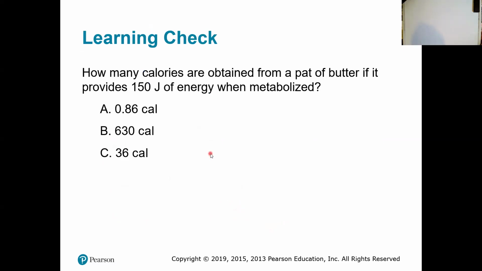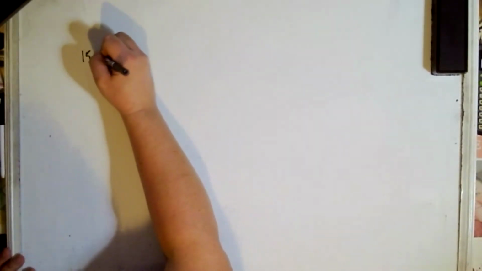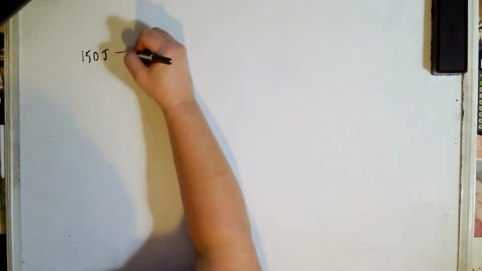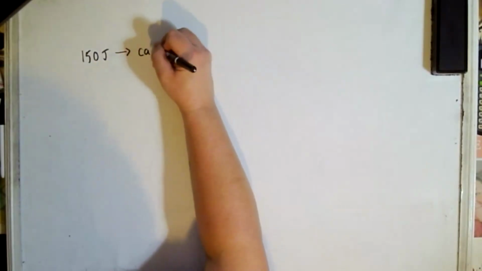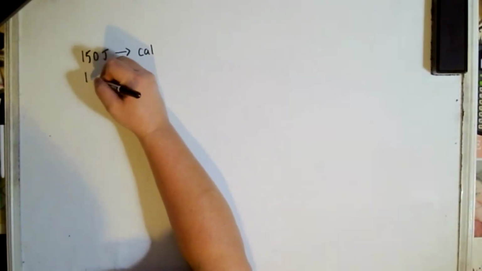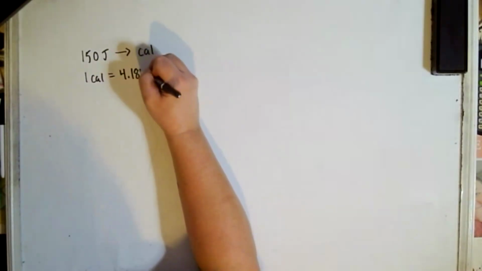So we're going to look at a few questions that involve these energy conversions. We'll start here. How many calories are obtained from a pat of butter if it provides 150 joules of energy? We want to convert that into calories, and our equality is that 1 calorie is 4.184 joules.